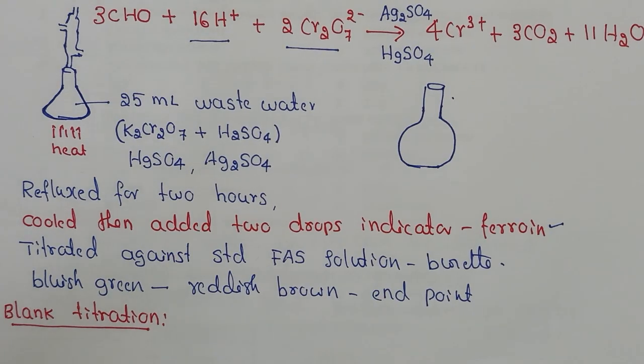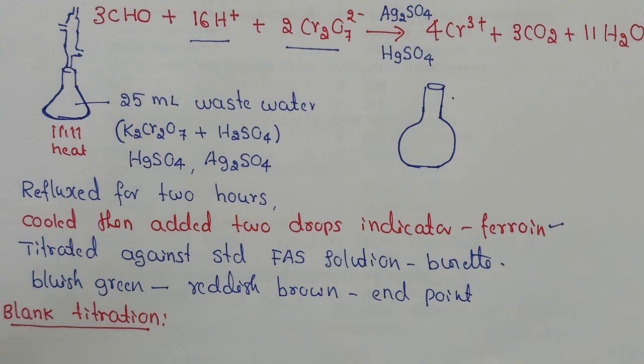Now before going to the calculation, we need to perform another titration called blank titration. In a blank titration, the same amount of distilled water is added in place of wastewater.